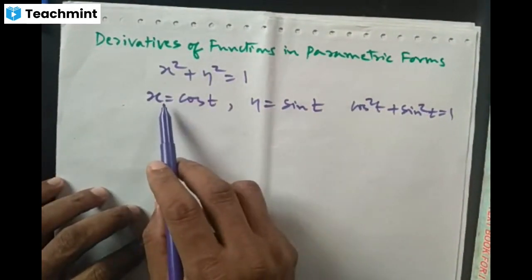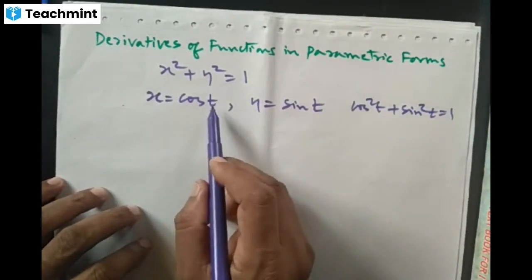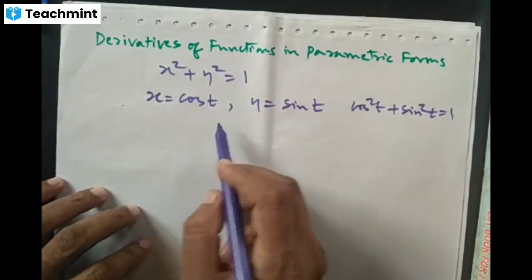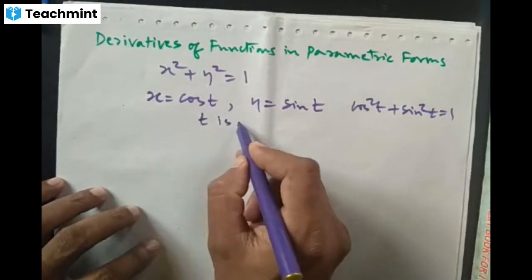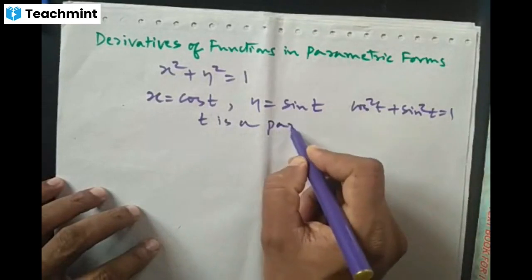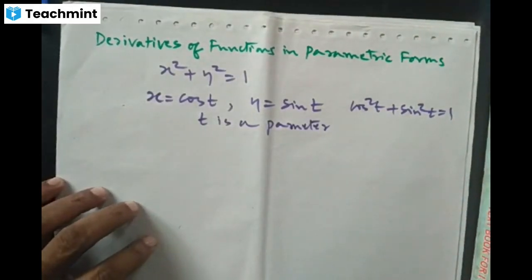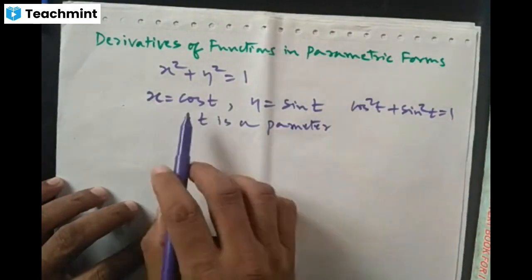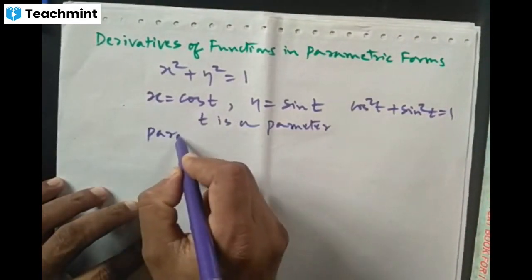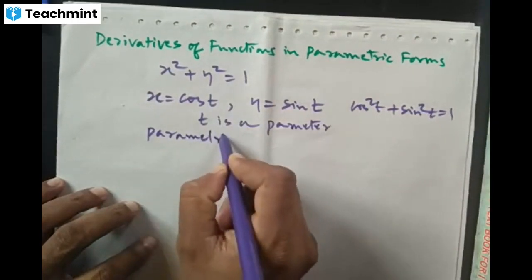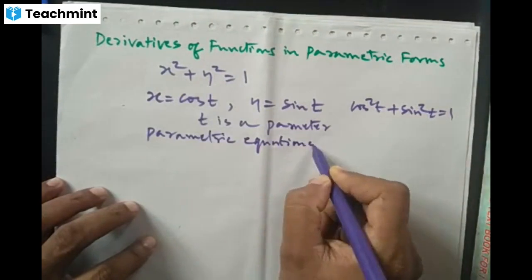Here we have expressed x as well as y as functions of the third variable t. The variable t is called a parameter. The third variable t is called a parameter, and these two equations are called parametric equations or parametric functions.